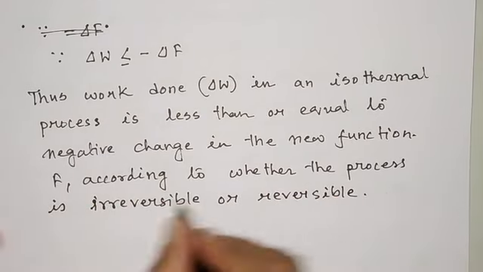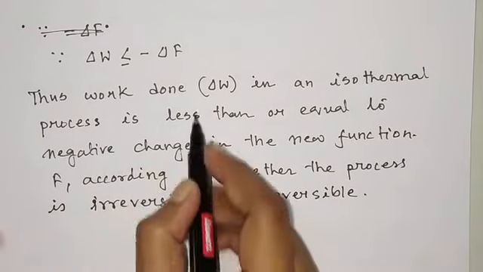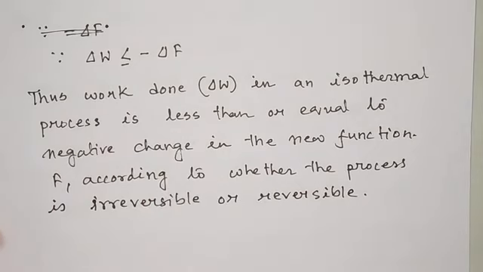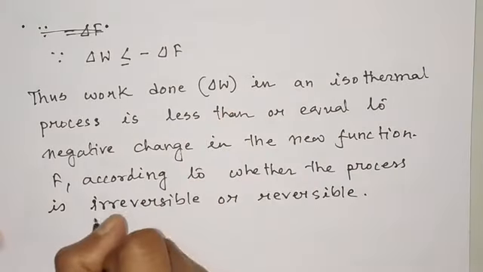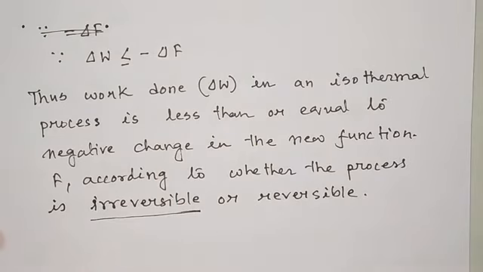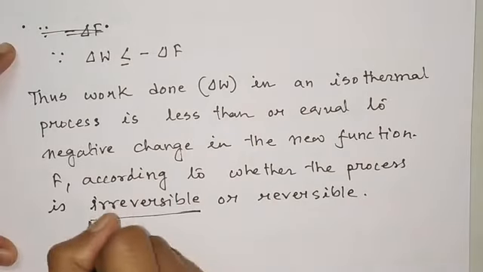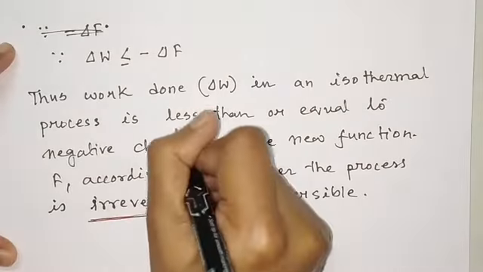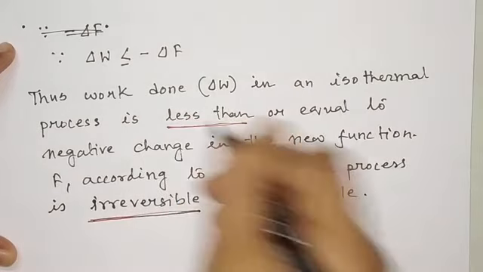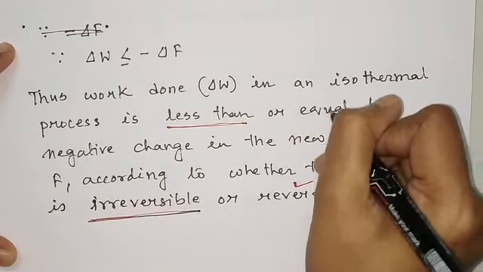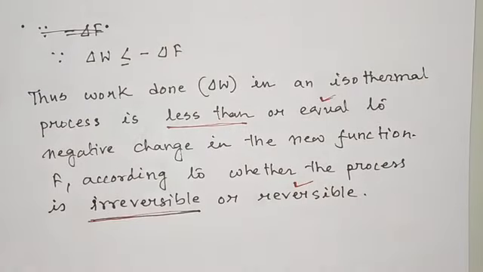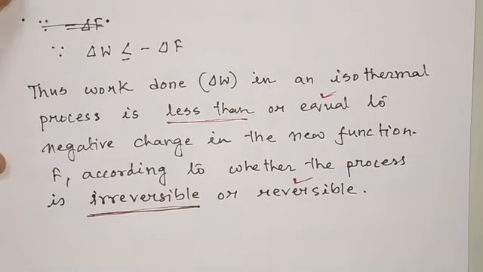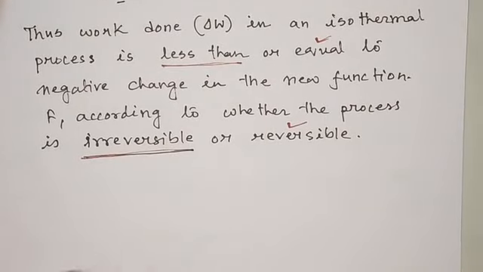If the process is irreversible, then the work done will be less than, and if the process is reversible, then the work done will be equal to negative delta F.